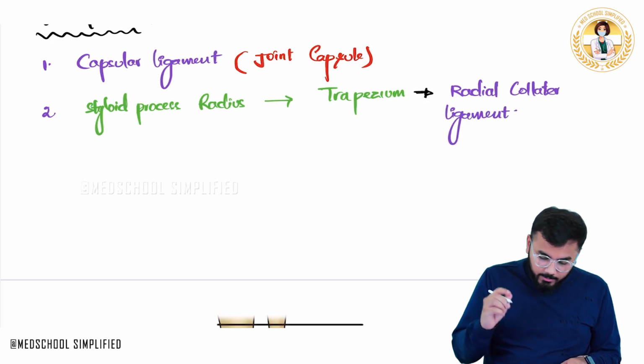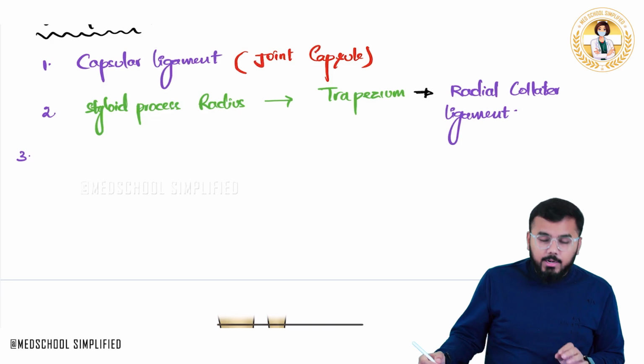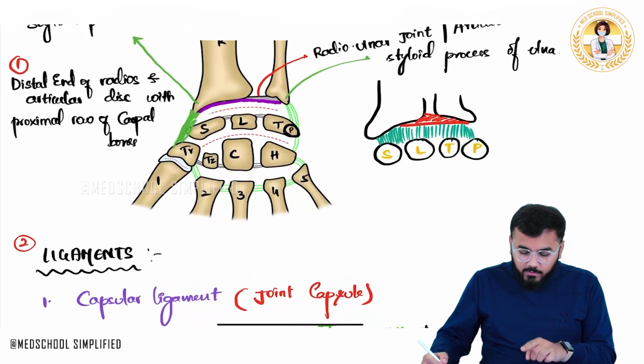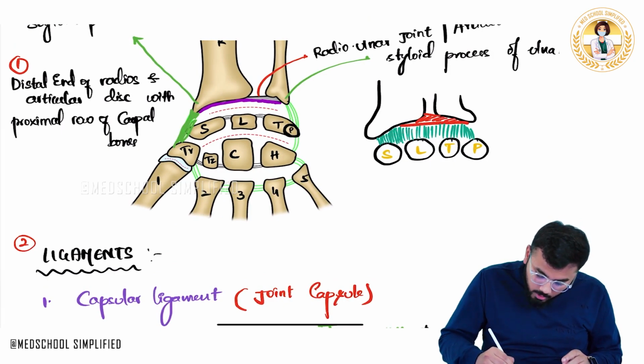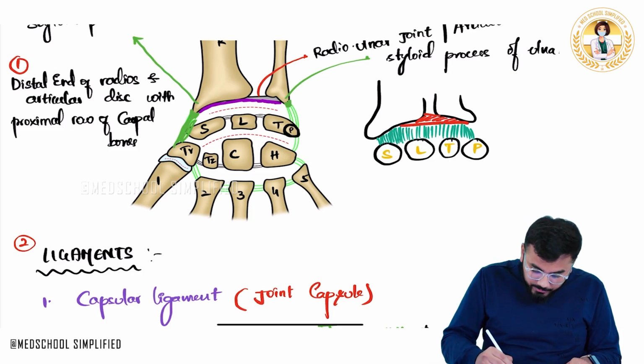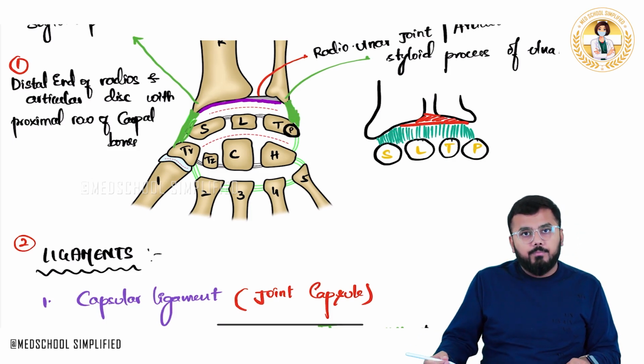Third important thing is that you also see one more ligament on the ulnar side. Now from where is it coming out? It is coming out from the styloid process of ulna, and from the styloid process of ulna it is attached to triquetrum. It is also attached to the pisiform, isn't it?